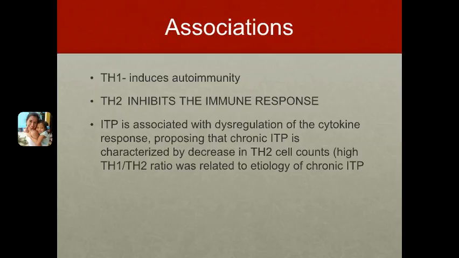Even though ITP is associated with the dysregulation of the cytokine responses, the biggest correlation was that chronic ITP was characterized by high T helper 1 counts and a high Th1 to Th2 ratio, which was the only real true correlation amongst the cytokines and the disease process of ITP.